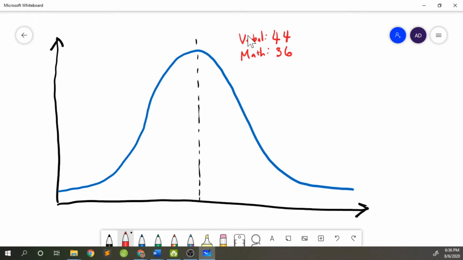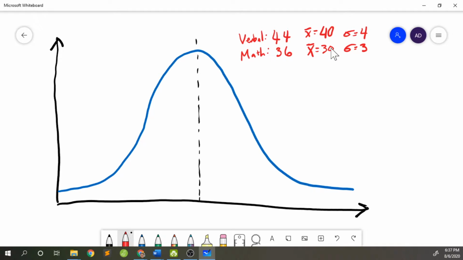And let's say, for the sake of argument, that the average for the verbal was 40 and the standard deviation was 4. Let's say the mean for the math test was 30, and the standard deviation was 3.